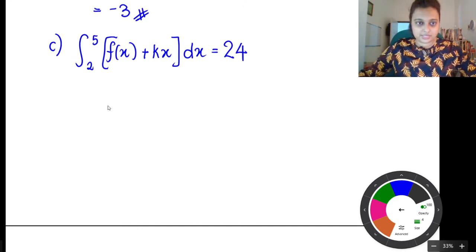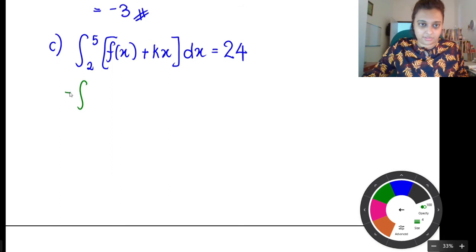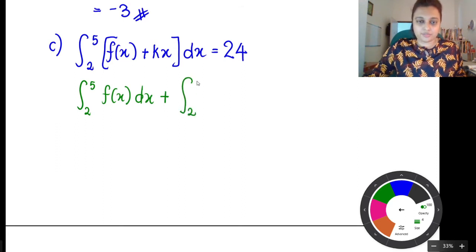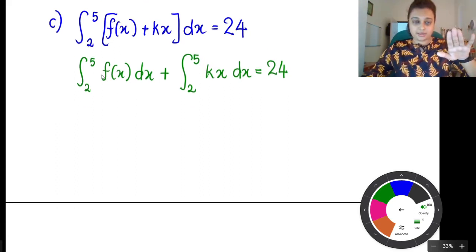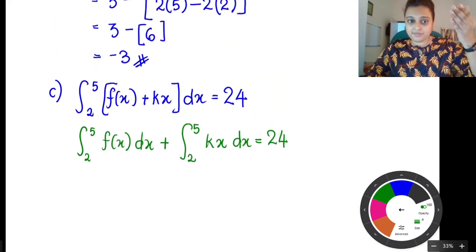First write the integration from 2 to 5 of f(x) dx, plus the integration from 2 to 5 of kx dx equals 24. Now for the first one, can we use the given value?